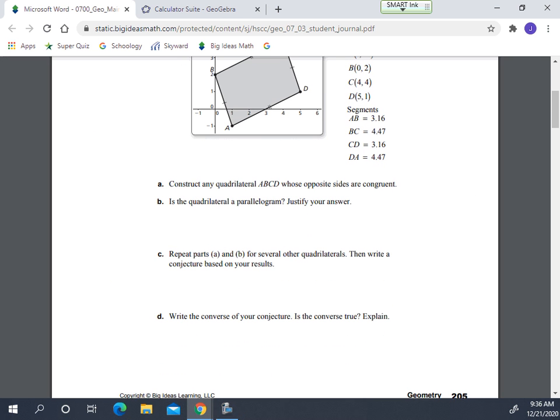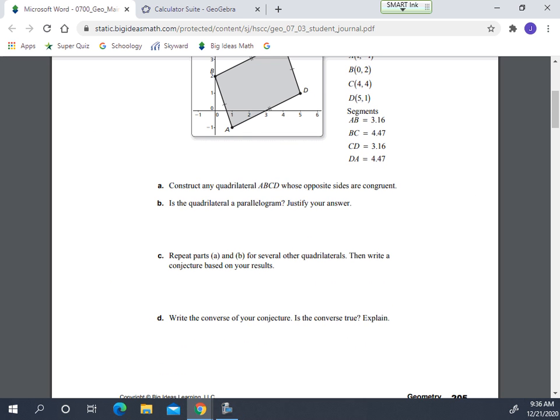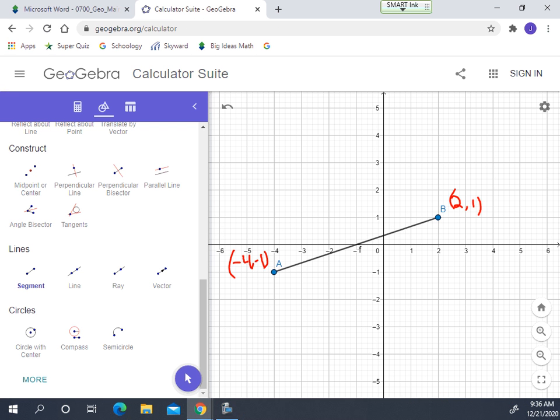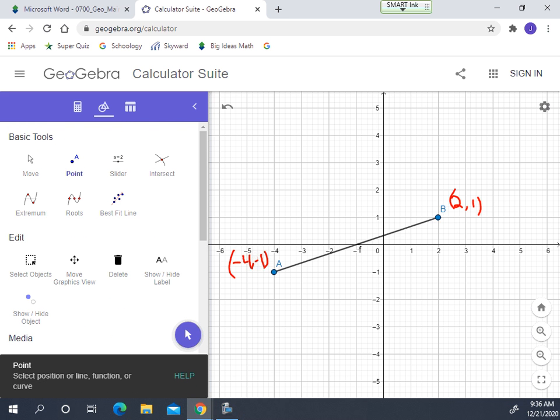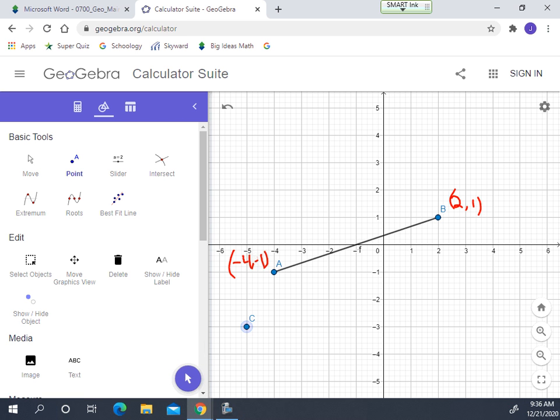Part A, it says the opposite sides have to be congruent in my quadrilateral. Okay, so if I make another point, let's call point C. Let's call point C at, let's go down here, at -5, -3.